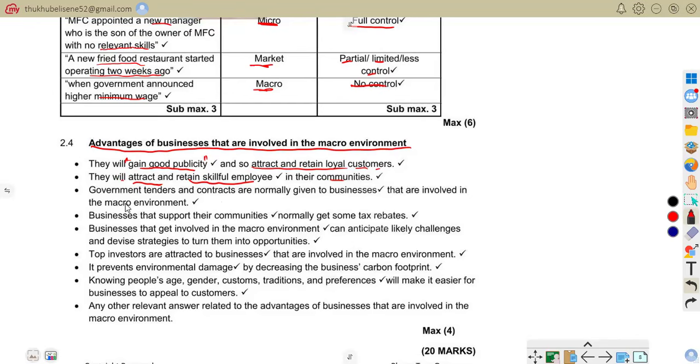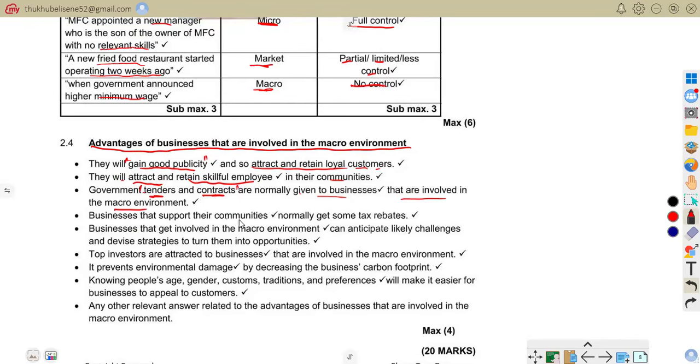Now moving on. Government tenders and contracts are normally given to businesses that are involved in the macro environment. So meaning to say they will receive government tenders and contracts. That means government supports responsible business. That is one of the advantages of the business that are involved in the macro environment.